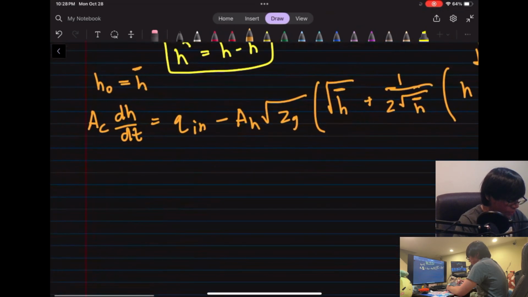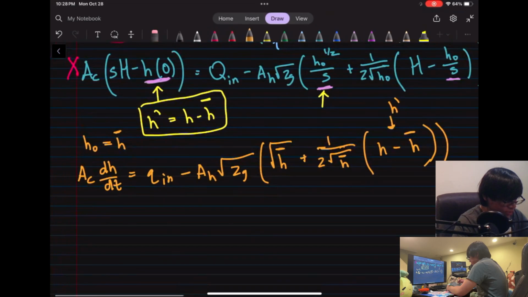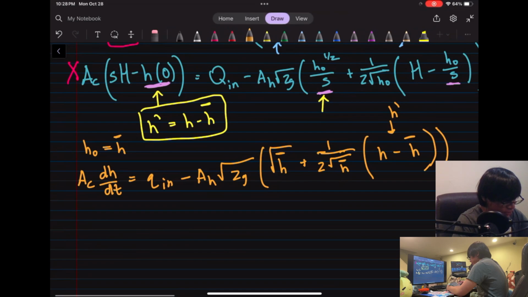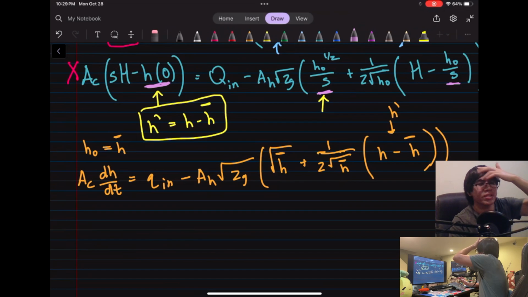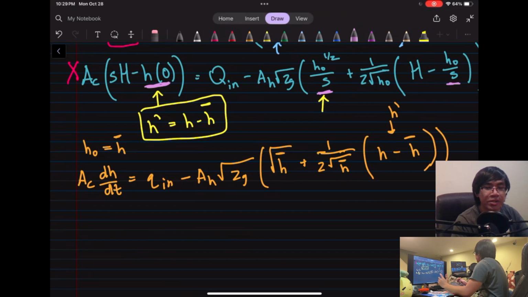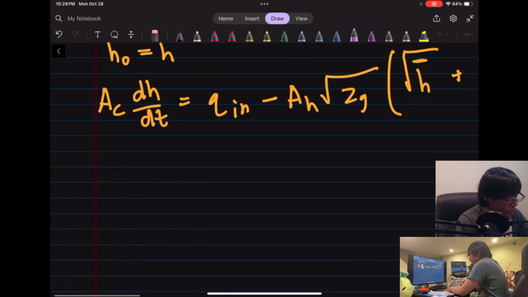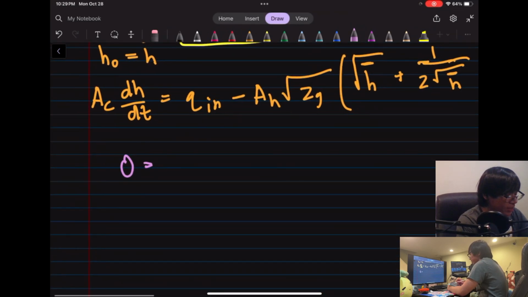Now, when we define our Taylor series in terms of our center point at h bar, the initial steady state value, we define our whole expression at initial steady state. At steady state, our differential is now 0. Obviously, nothing's changing; the rate of change is 0. And now we have our initial steady state.